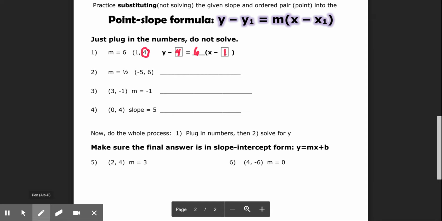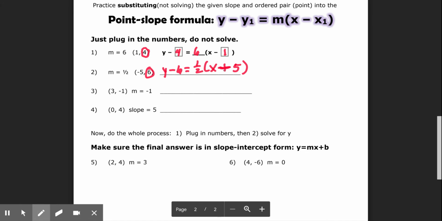All right, and if you want to pause it right now and maybe try this on your own, just so you're practicing this, that may be helpful. All right, so we have y minus, so this goes first, a 6 equals 1/2 x minus a -5, which is going to become a +5.